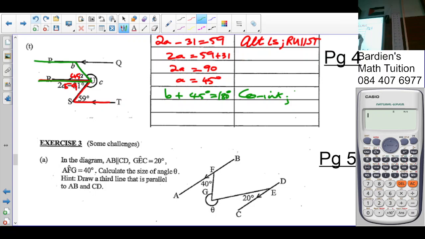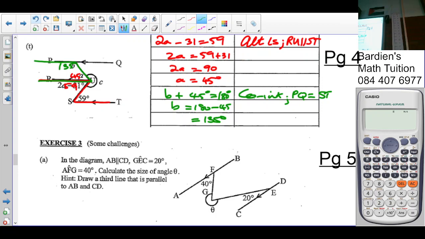Did you guys know that? So PQ is parallel to ST. Okay, so B is equal to 180 minus 45, which is 135.